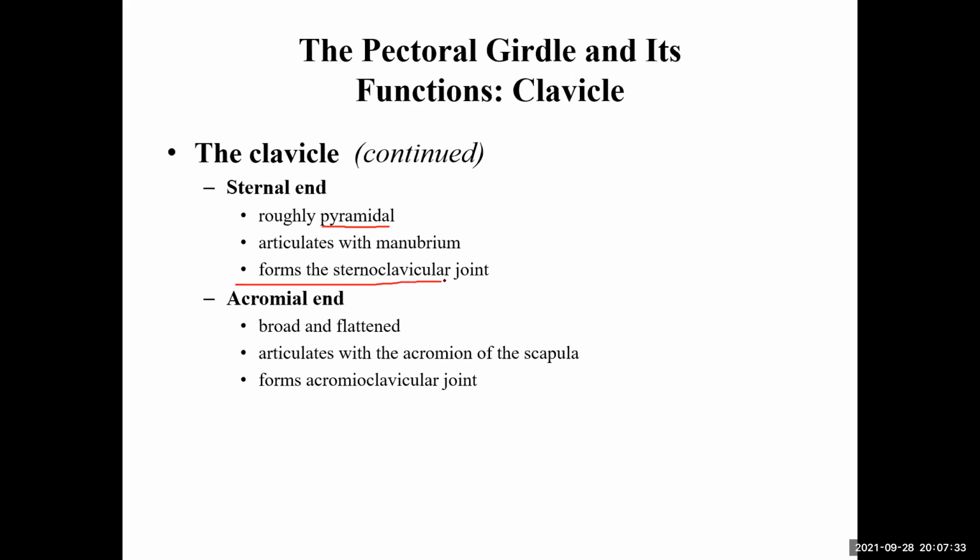When we get into chapter 9, we'll talk about the different joints here. And then the other end that goes back towards your shoulder blade is the acromial end. To me, it looks like a spoon. It's described as broad and flattened. And that's going to create the acromioclavicular joint, also known as the AC joint.